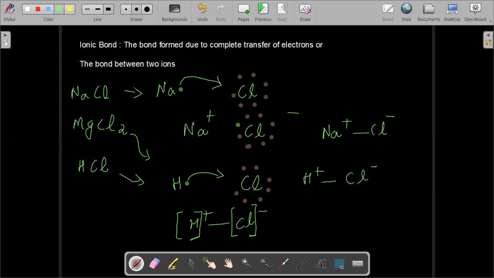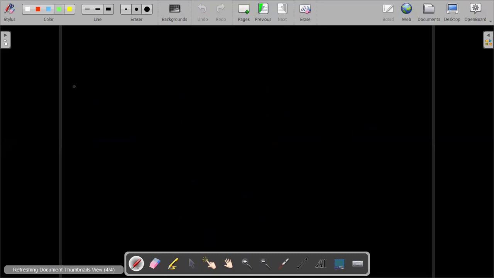Then try to write how the ionic bond will be set up in MgCl2. Anyone has got the ionic bond between MgCl2? How will it be formed? Yes, Moksha, how will this bond be formed?